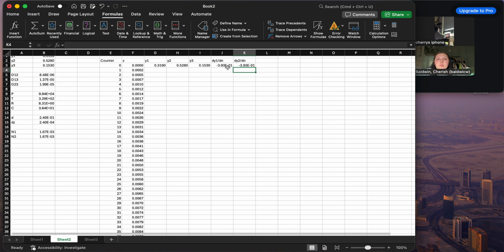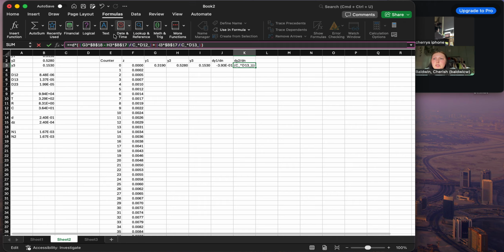So copy this formula. So yeah, it's the same thing, but instead of the first term being y1, it's y2, times y1.